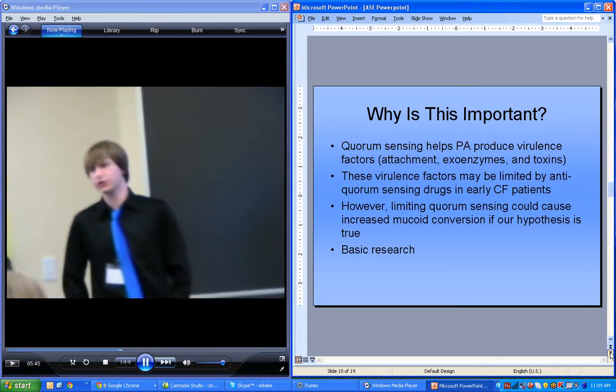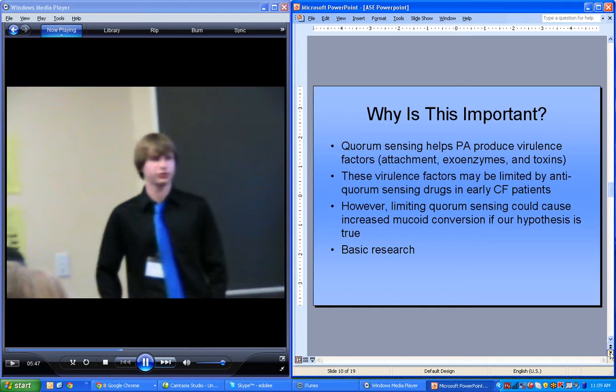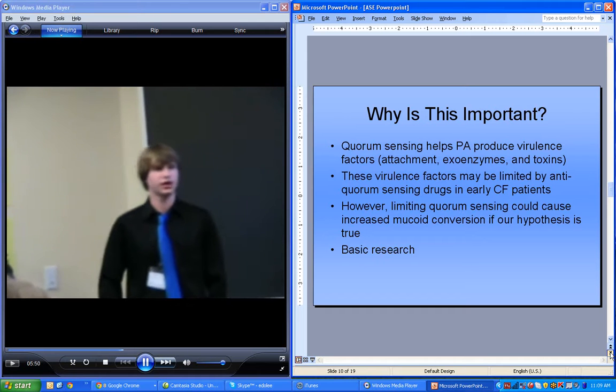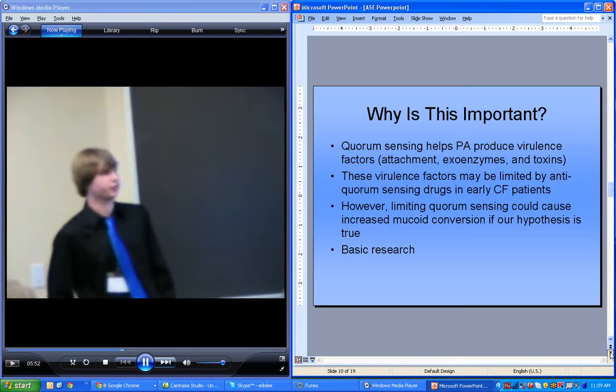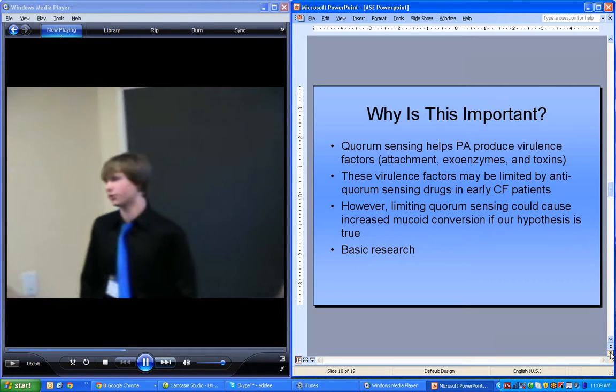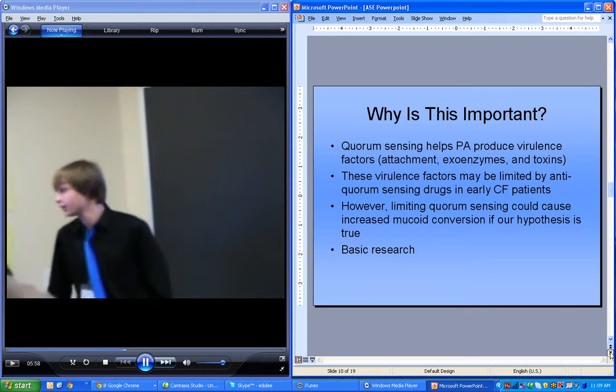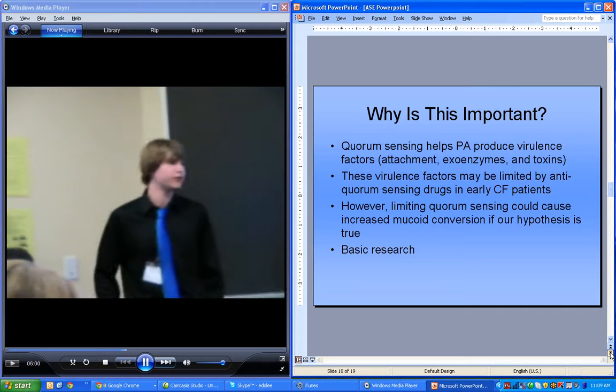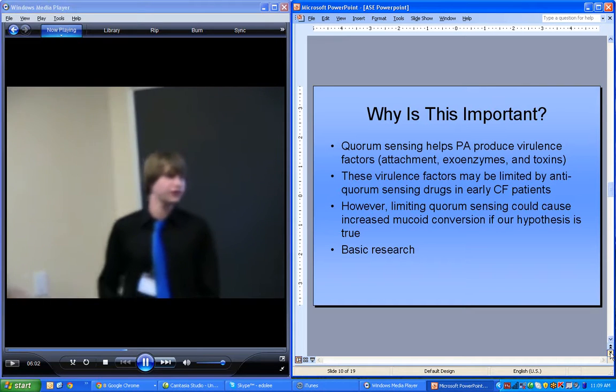But if you limit quorum sensing in the Pseudomonas aeruginosa, they can begin to behave like LasR mutants, and quorum sensing will turn off, which may, if my hypothesis is correct, make them convert to mucoid, which will kill the patient even faster. And also, it's very important to have a general knowledge of these types of things.